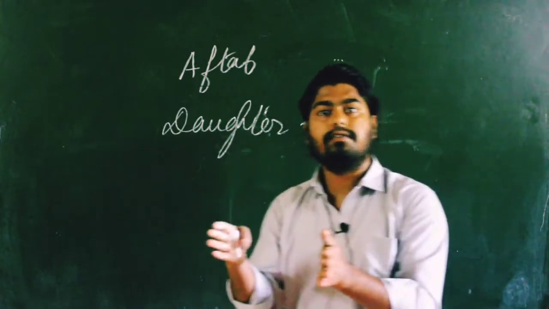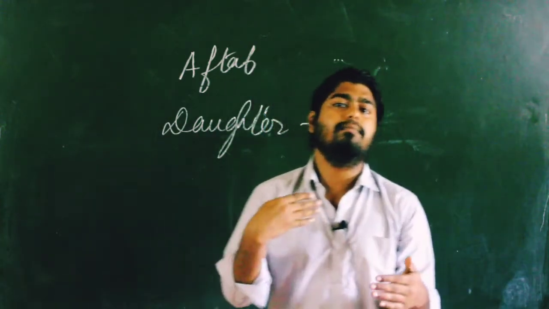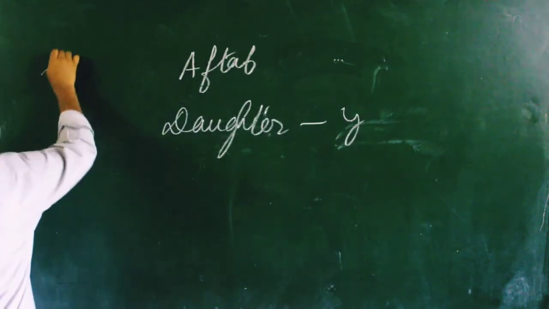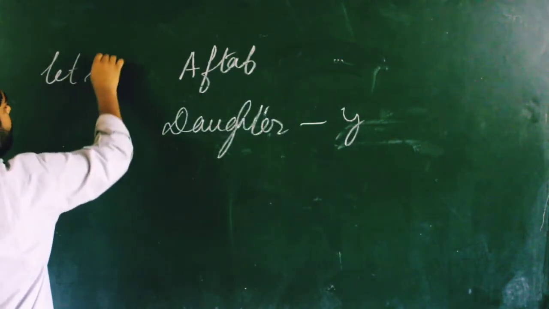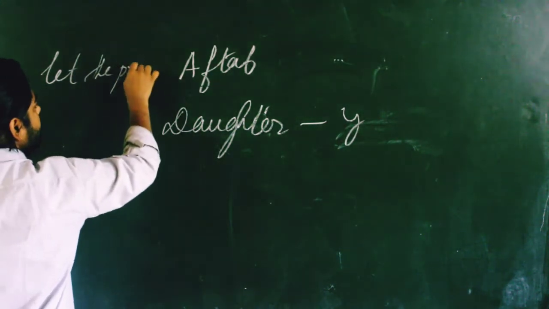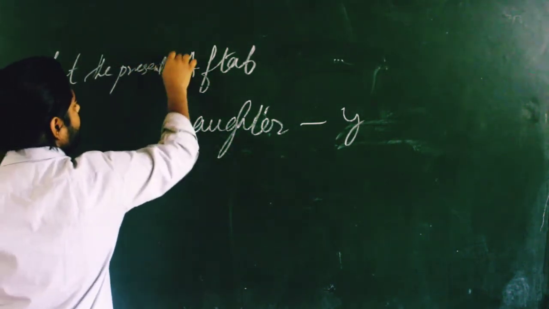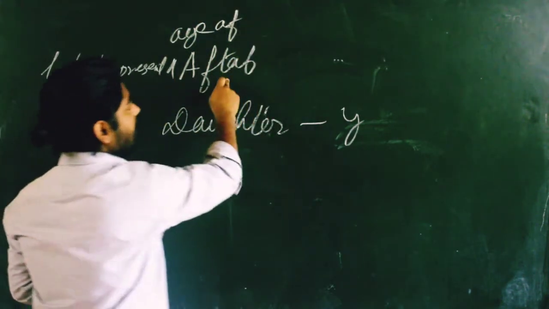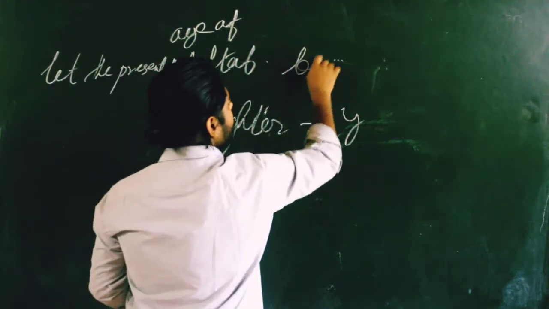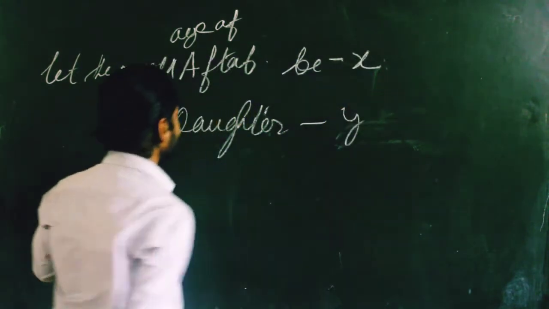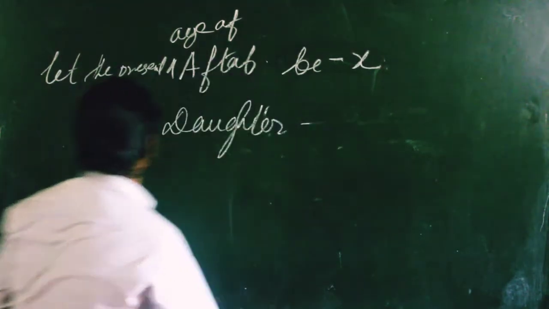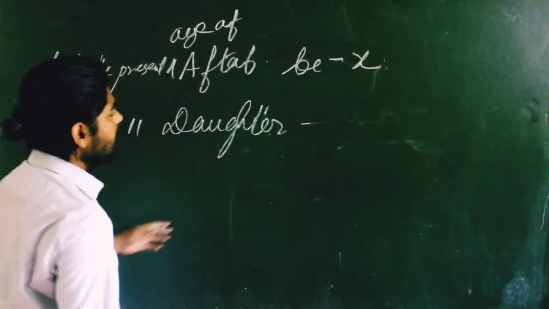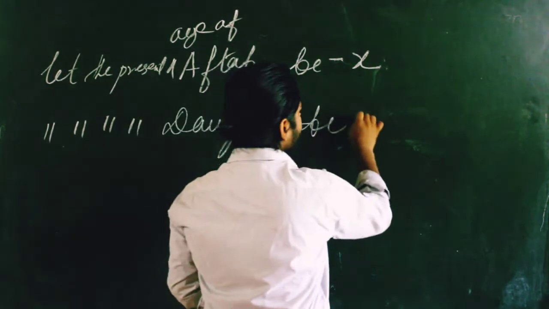If you cannot choose the variable correctly, then you will not end up with the correct answer. So you have to write: let the present age of Aftab be X, and let the present age of his daughter be Y.